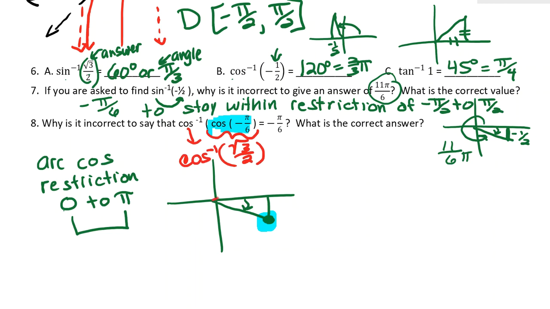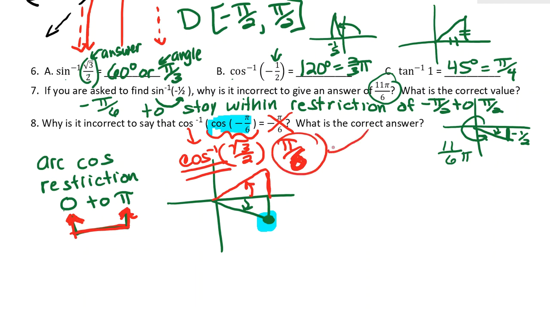We don't want that same angle because it's outside of our restriction. So we have to stay between 0 and pi over 2. So we want to say this triangle has the same value. So we don't want negative pi over 6. We want to answer pi over 6. So for an inverse cosine, we have to stay within 0 to pi. So that's our correct answer. And we'll repeat and review that again in the future assignments.